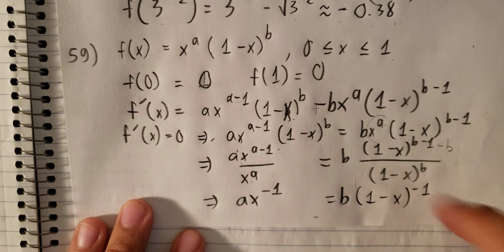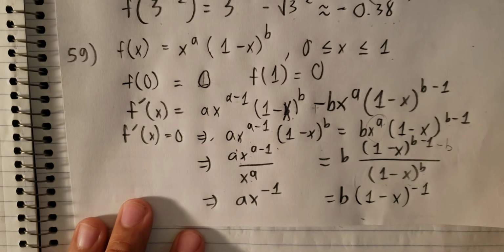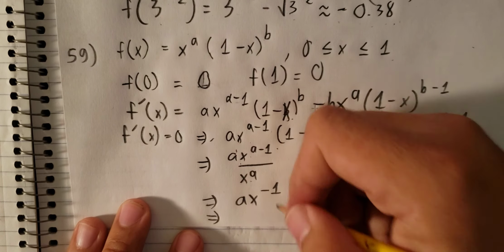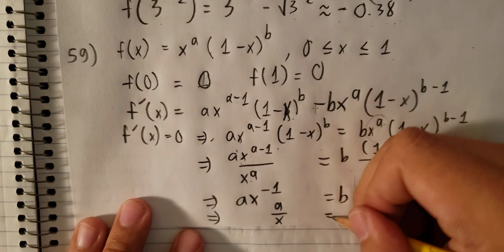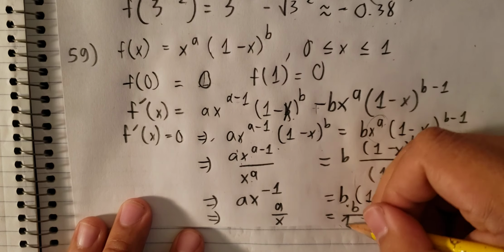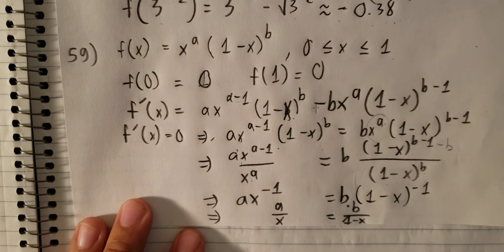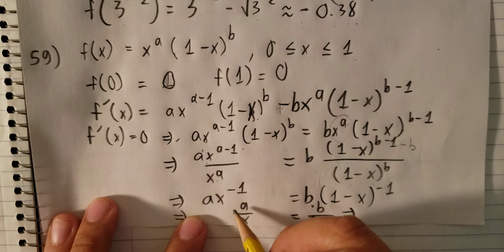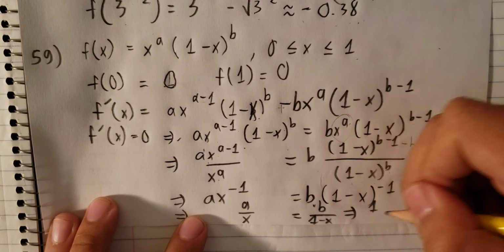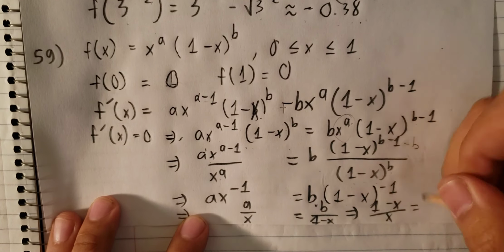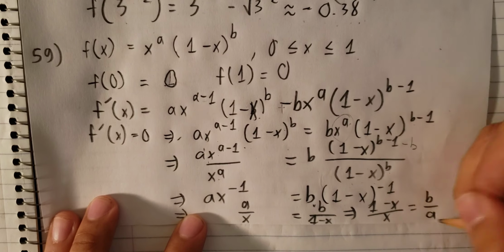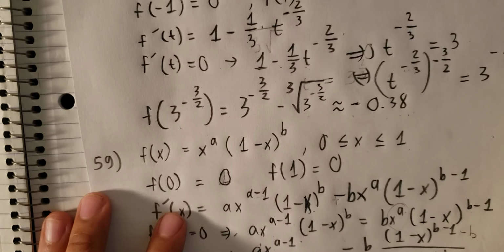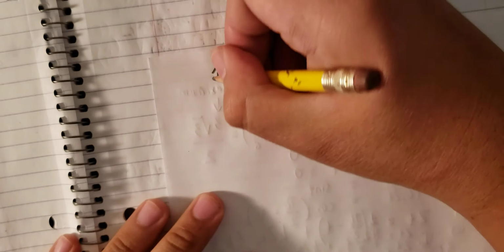So after you get this, you can put a divided by s equal to b divided by 1 minus s. Then we put 1 minus s on the top, divided by s equal to b divided by a, like this. After we get 1 minus s divided by s equal to b divided by a, simplify.